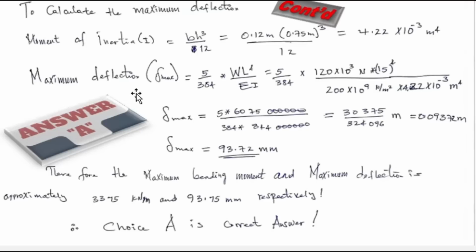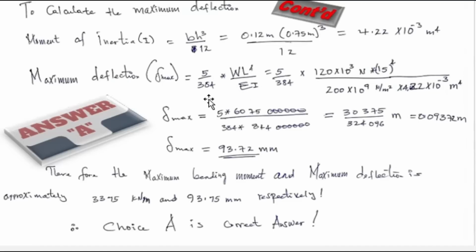The maximum deflection is calculated for this cross section as 5 over 384 times WL to the power of 4 over E times I. E is modulus of elasticity and I is the moment of inertia. And we have been given W, L, E, and I also.